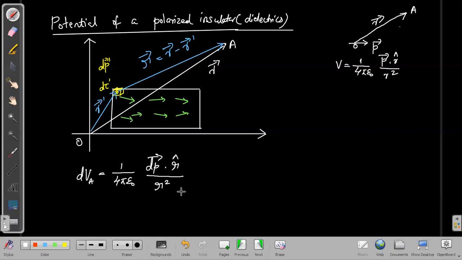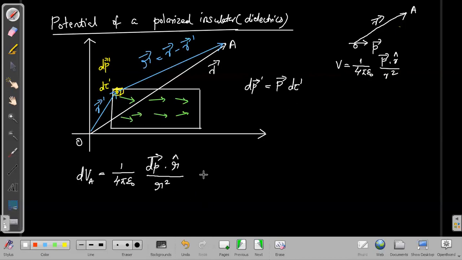Now dp is the dipole moment in the volume d tau. We know that the polarization is the dipole moment per unit volume. Therefore dp prime, the infinitesimal dipole moment, I can write as the polarization times the volume d tau prime. So the dipole moment is the polarization times the volume.